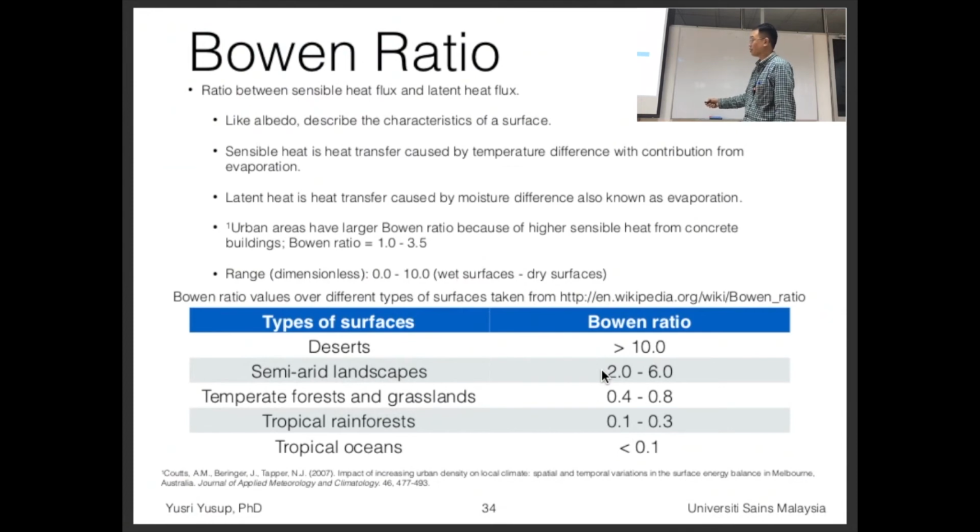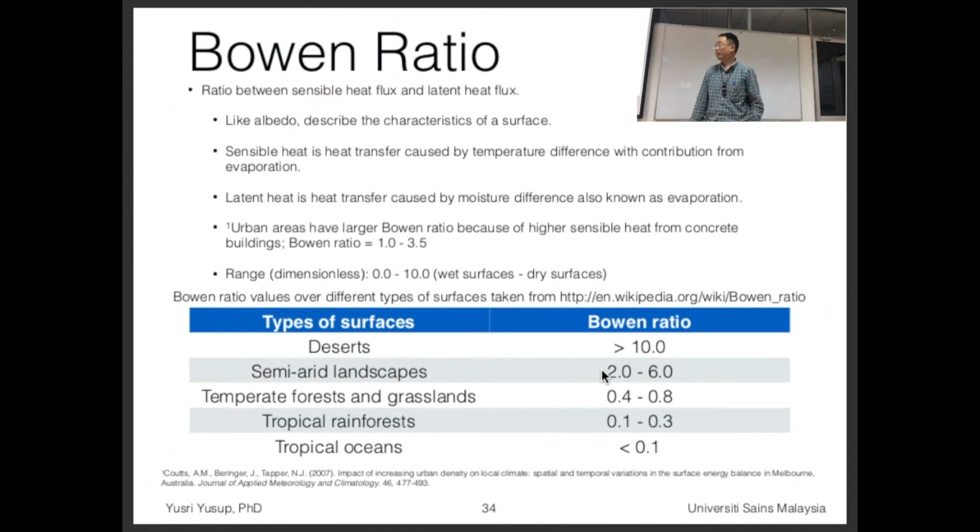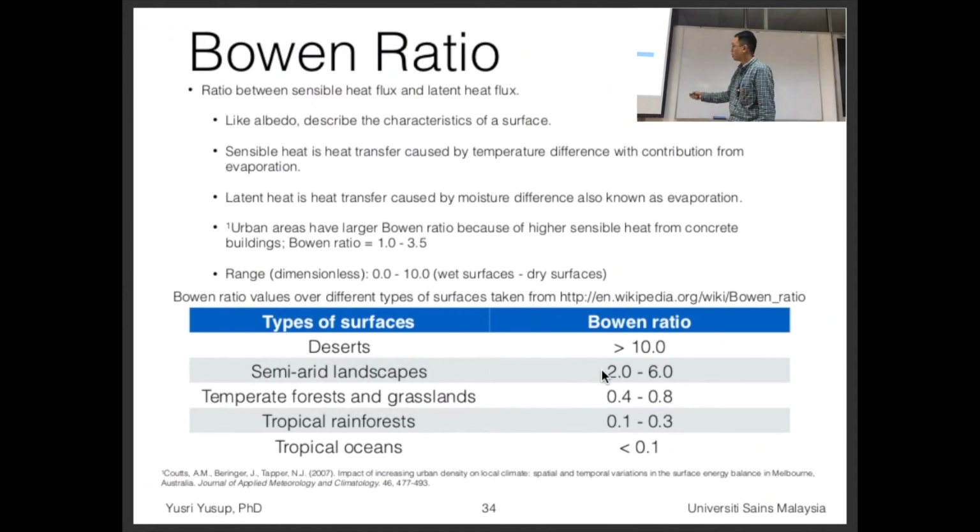Tropical rainforests, like us, 0.1 to 0.3. Tropical ocean is less than 0.1 because of all the evaporation. So here we can get some guess of Bowen ratio values to be input into the model based on the types of surface. For us, maybe the most often is the tropical rainforest, between 0.1 and 0.3, which will be a good estimate for Malaysia.